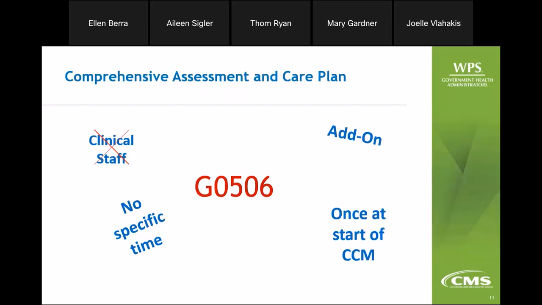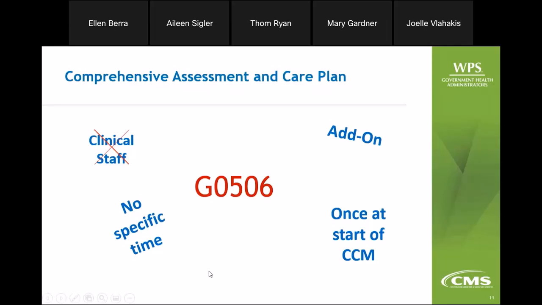They can obviously bill for the initiating visit as their encounter, but this procedure code is not available for them. Do we have any additional, Mary Sue? That's all we have at this time. Thank you, Ellen.